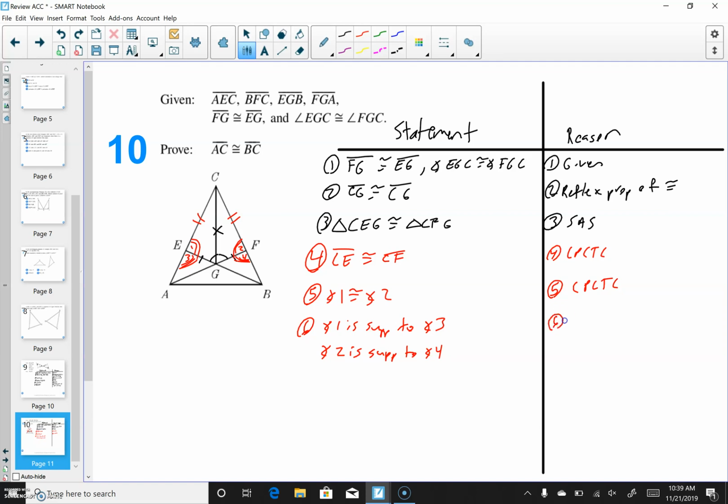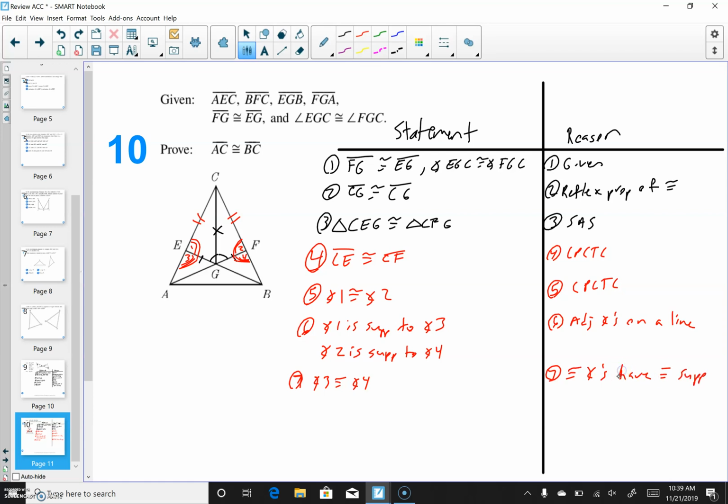And again, that's true because they are adjacent angles on a line. And then we can say in step 7 that angle 3 is congruent to angle 4 because congruent angles have congruent supplements.